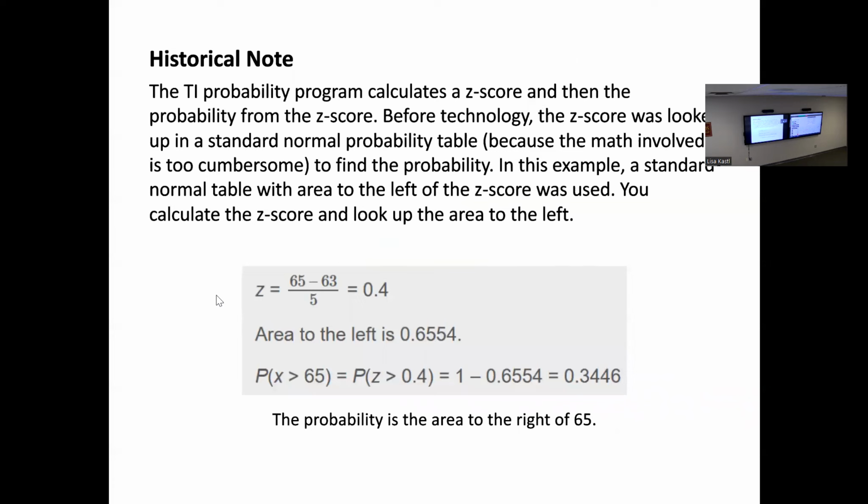Historically, what you would have to do is standardize this. So you would have to find the Z-score that corresponds to 65. You take the 65, subtract the mean, divide by the standard deviation, and you get 0.4. The area to the right of 0.4 in the standard normal distribution would be 1 minus the probability that Z is less than 0.4.